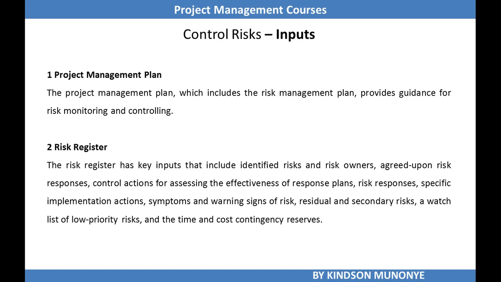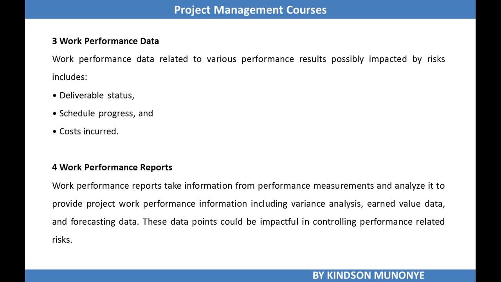It identifies the risks and the owners, the responses, the control actions for assessing the effectiveness of the response plan, the implementation actions, the warning signs, the residual risks, the secondary risks, the watch list of low priority risks, and time and cost contingency reserve. All this information is right there in the risk register.